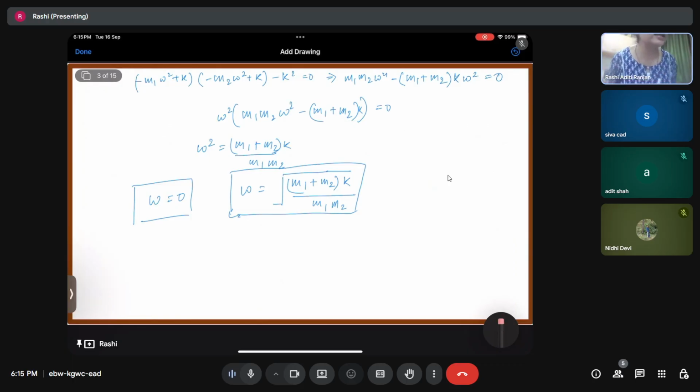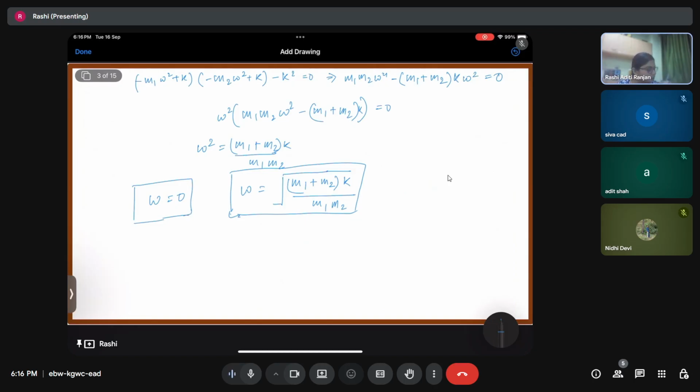This particular case means that the frequency of oscillation is 0, which means there is no oscillation happening between M1 and M2. Now, when is that going to happen?